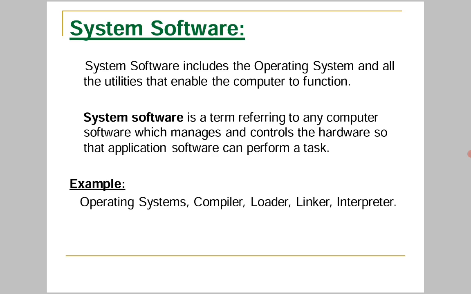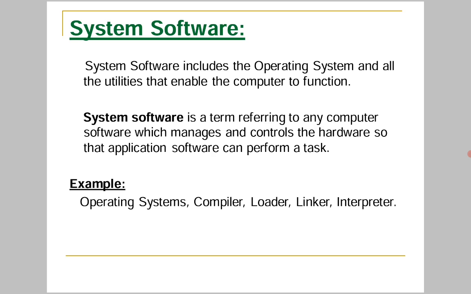System software can be used to manage or initiate or run the computer and hardware connected to it, and it is also used to run the application programs developed by the users and developers.